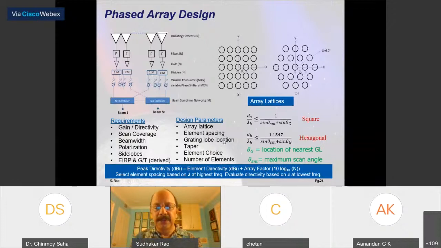For geostationary satellites, you have seen the coverage is only plus or minus 8.7 degrees. So when you have that, you can put a grating lobe at about 12 degrees and increase the spacing between the elements and then reduce the number of elements. So unlike radar systems, we want the grating lobes.